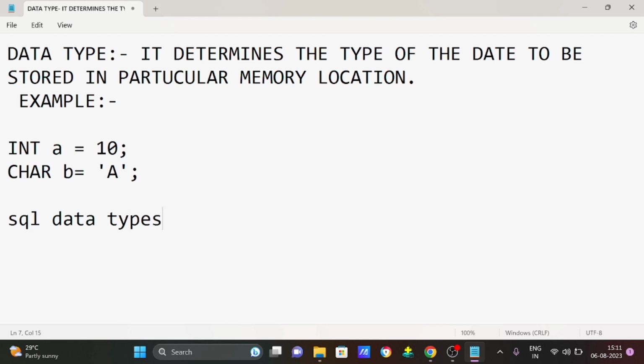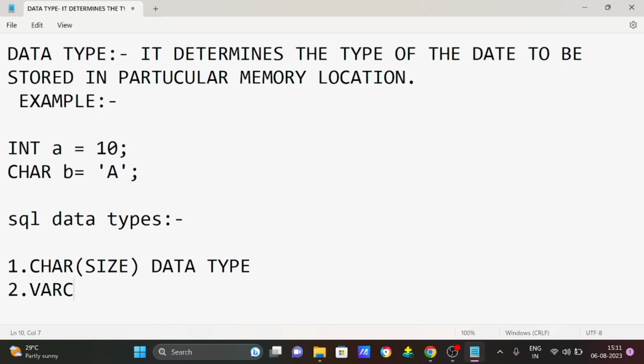The most commonly used data types in SQL are: first, char of size data type. Second, varchar of size data type.